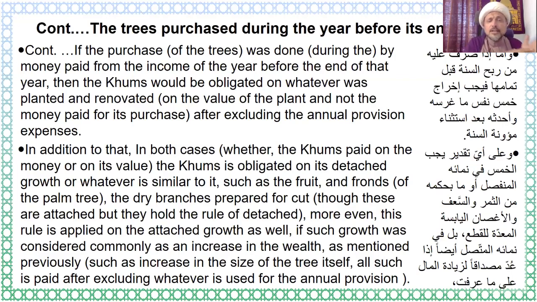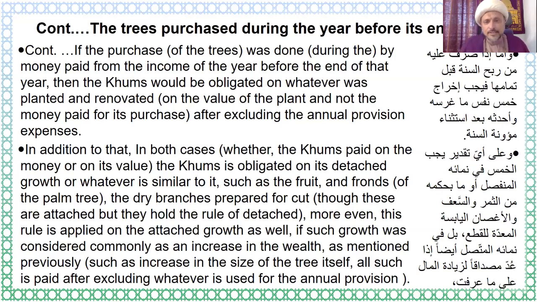So the value is now $15. So you will pay the khums of $15 and not the $20, because $5 of the total value was more than that, but you ate towards the year. So at the end of the year, after taking out the annual provision and annual expenses, the value was $15. So you will pay the khums of $15 because that is your savings of the income.